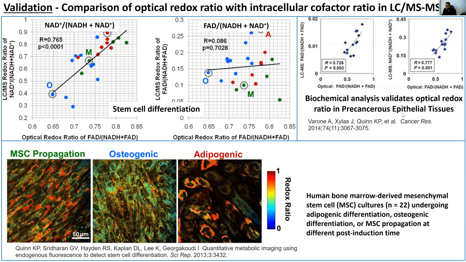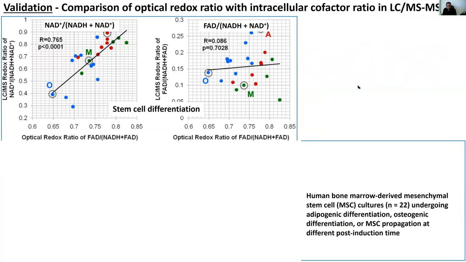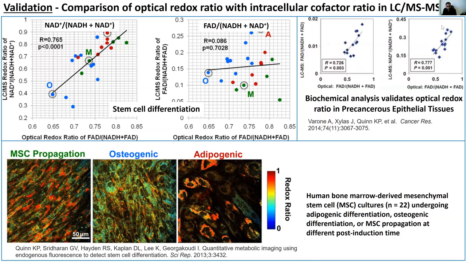These are epithelial tissues which are differently modulated because some of them have higher chances of getting cancer. In this case, the LCMS ratio and the optical redox ratio are highly correlated in both definitions. So there seems to be a correlation between the LCMS measurements that have been done historically and the optical redox ratio.